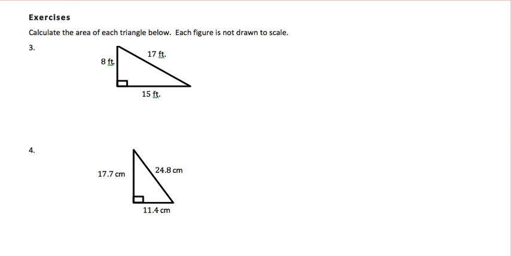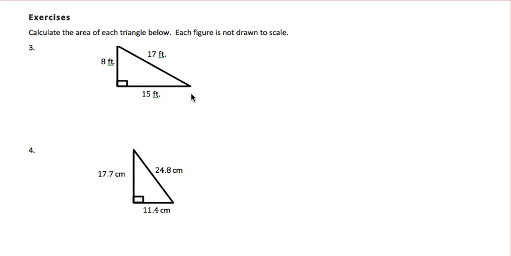In the exercises, we're just going to calculate the area of each triangle using the formula 1/2 times base times height. So, in number 3, we have a base of 15 and a height of 8.